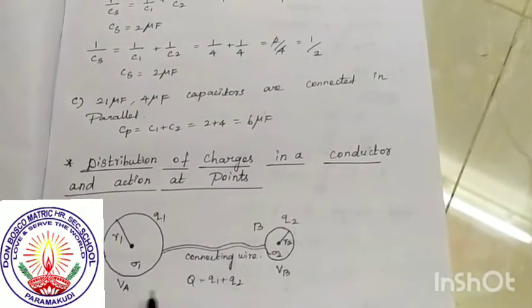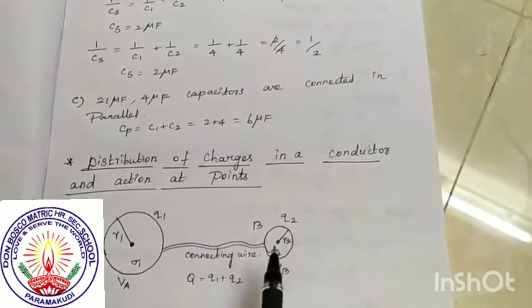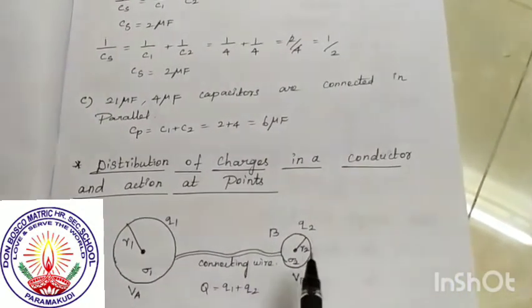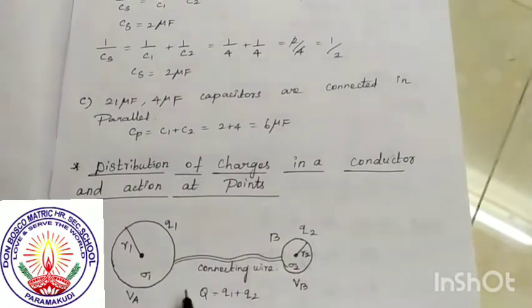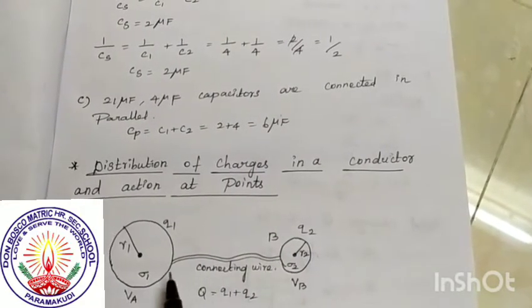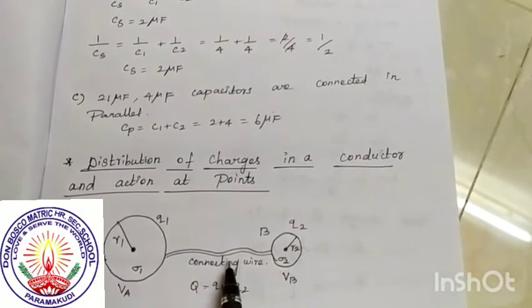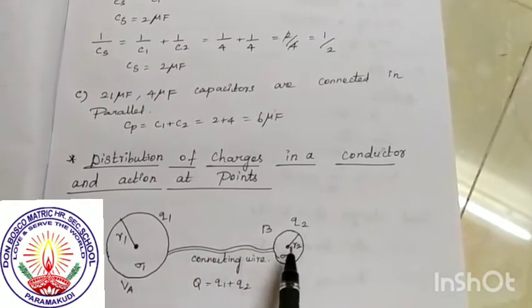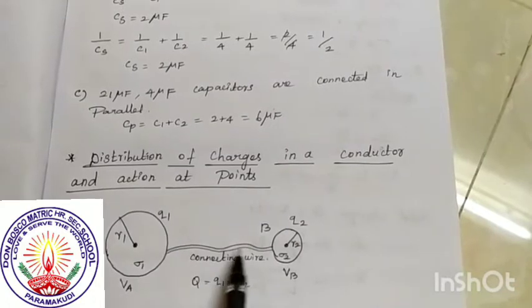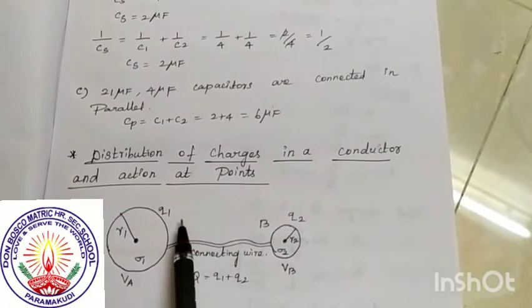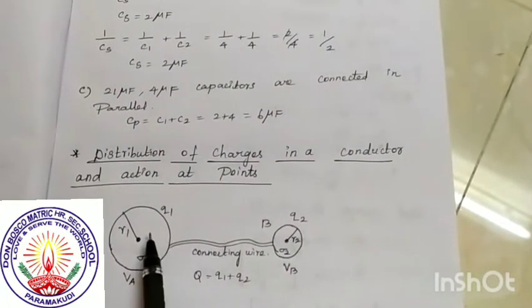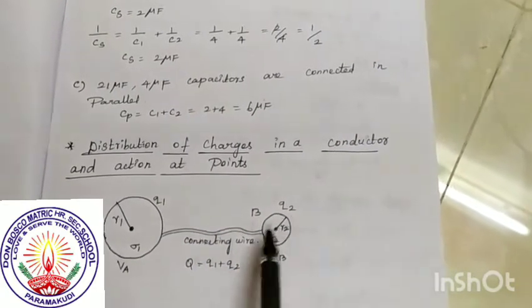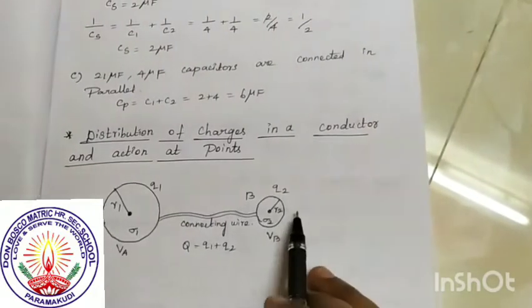The distance between these spheres is much greater than the radius of either sphere.